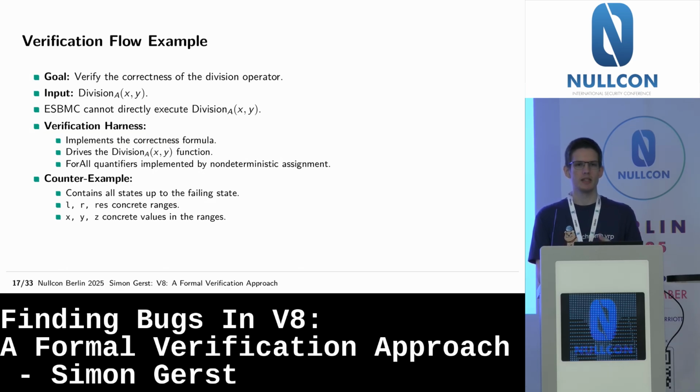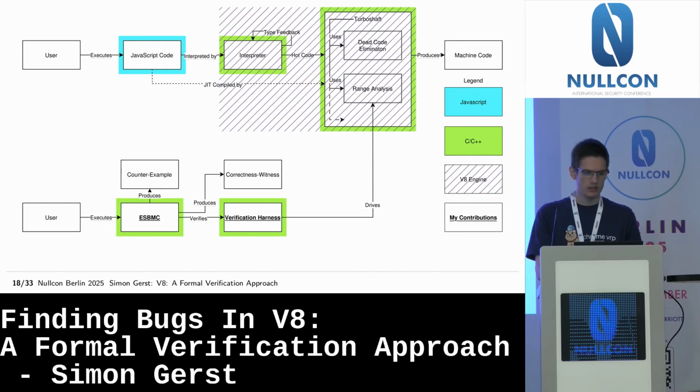In this case, we get a trace which contains all states up to the failing state, and we get concrete values for our ranges and concrete values that should be contained in the ranges. So we either get the counterexample or we get a correctness witness.